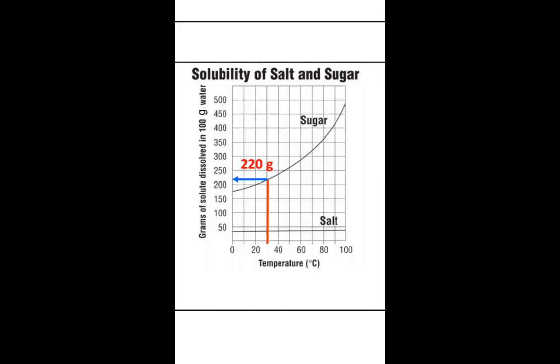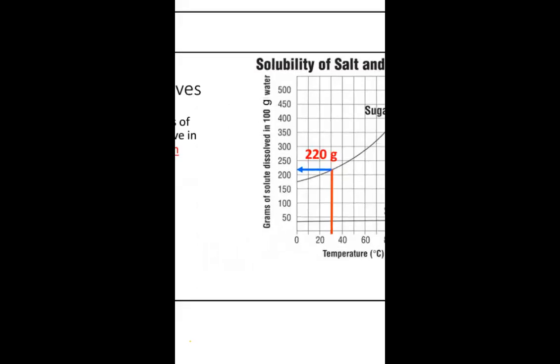Where it gets to the curve, move straight across to the y-axis, and you are going to have something like 360 or 370 grams. So this tells us that the mass of sugar that's going to be saturated at 80 degrees Celsius is about 360 to 370 grams. Okay, so that's that for that.